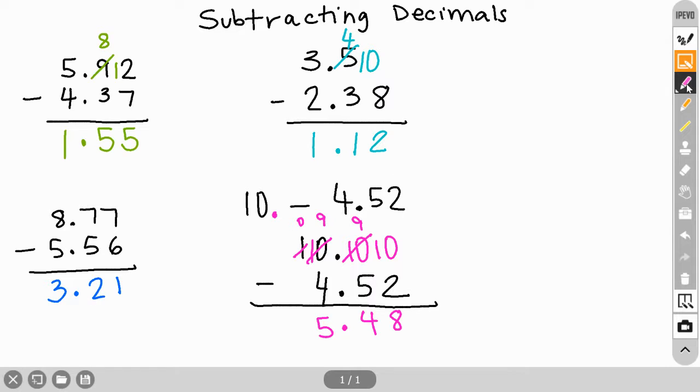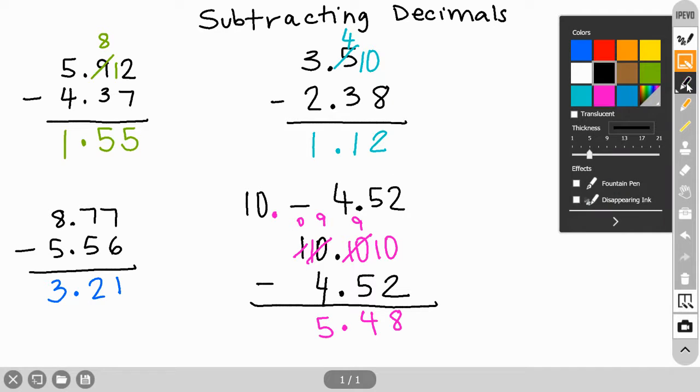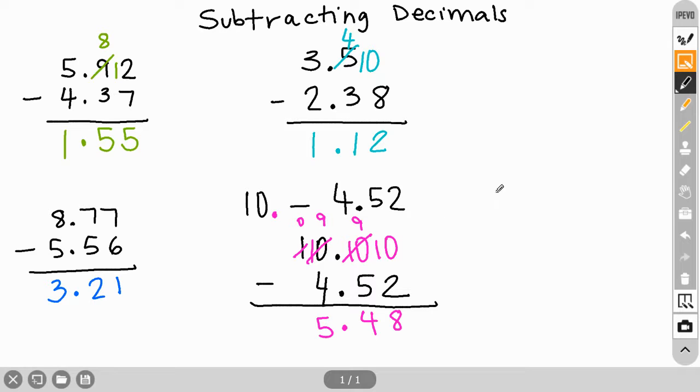Okay, so I'm going to try to show you a different way. If it works for you, awesome. If you feel like, I don't know what Miss Miller is talking about, then guess what? You can try this way, whichever works for you. Okay, so I have 10 take away 4.52.